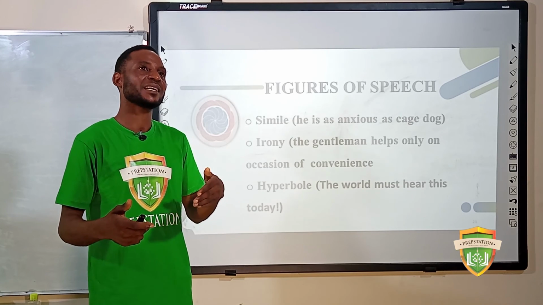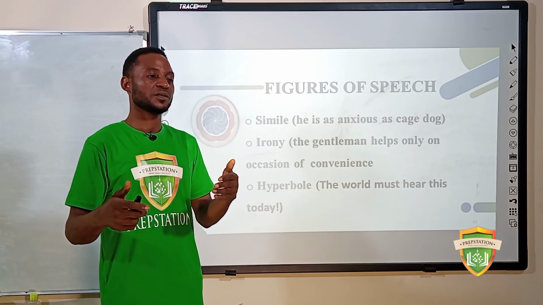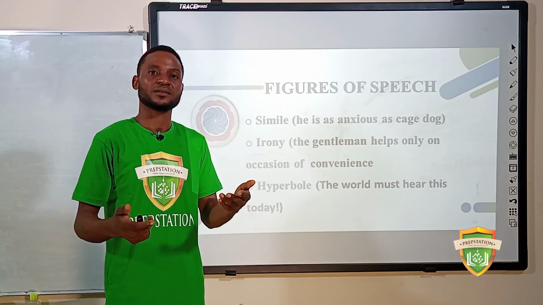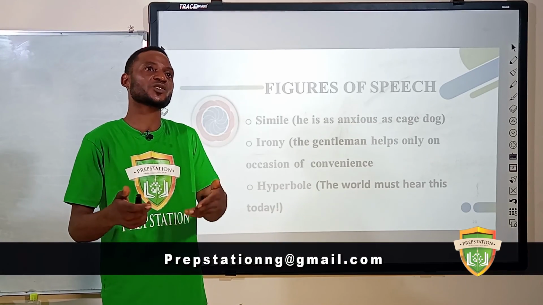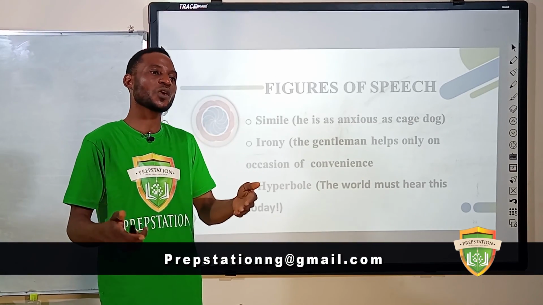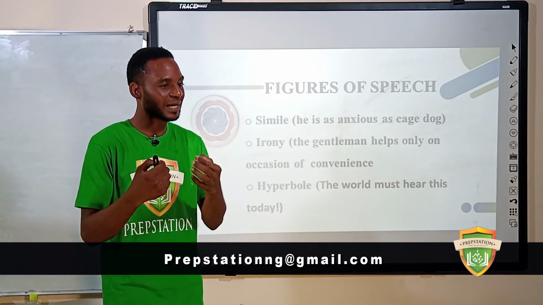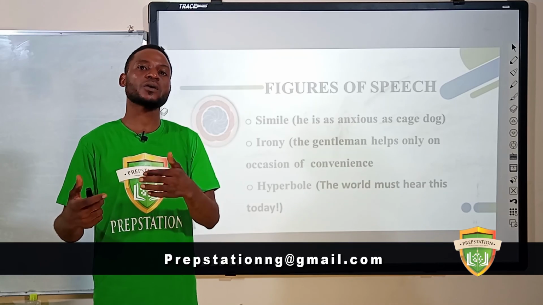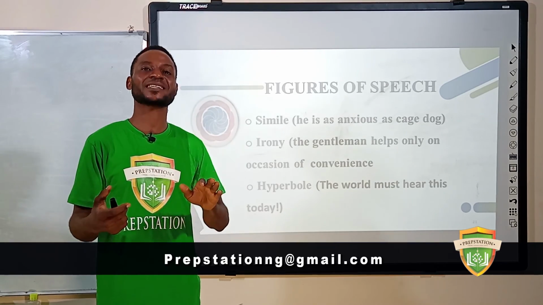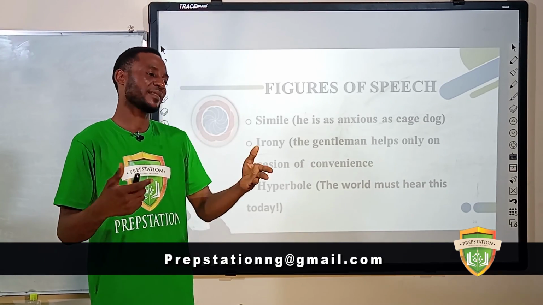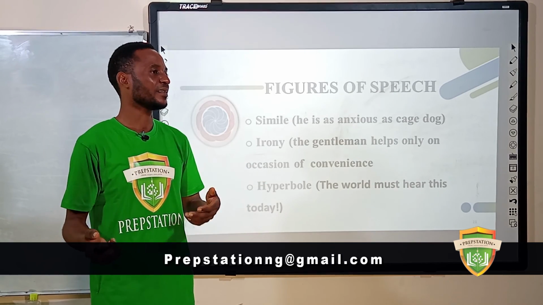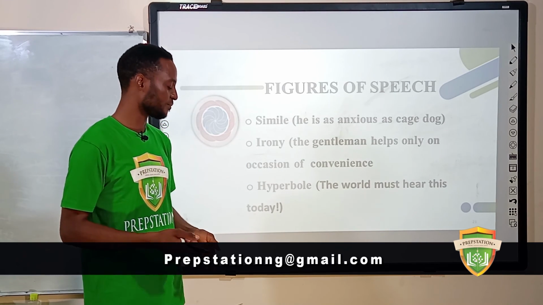In dramatic irony, the readers or the audience get to know what is going to happen, or what a particular character is going through in a work of art, before the characters themselves get to know about it. When that happens, you know that there is dramatic irony.